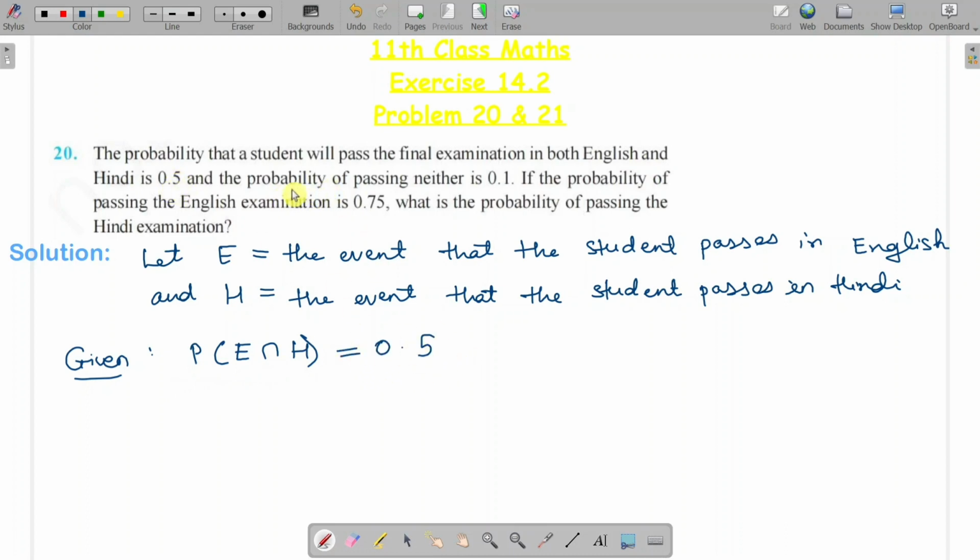Then we are given the probability of passing in neither of the subjects is 0.1. That means probability of E complement, because the student is not passing in English, intersection, and the student is also not passing in Hindi, so H complement. This is given to us as 0.1.